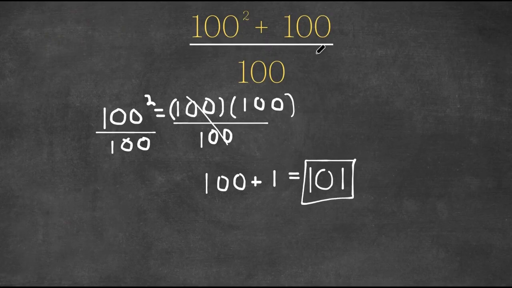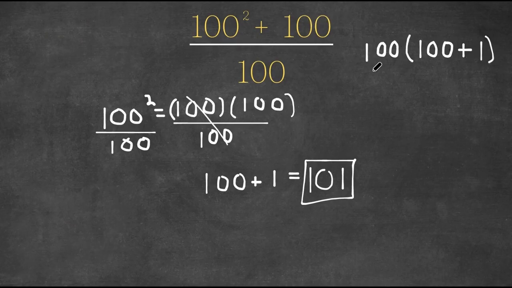Now, another method would be to factor out 100 from our numerator. So if I factor out 100 from 100 squared plus 100, well, 100 squared divided by 100, as we already know, is 100, plus, now 100 divided by 100 is 1.